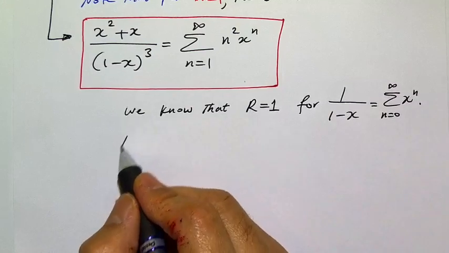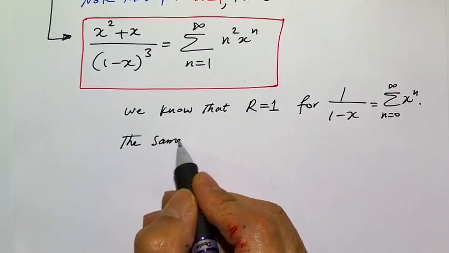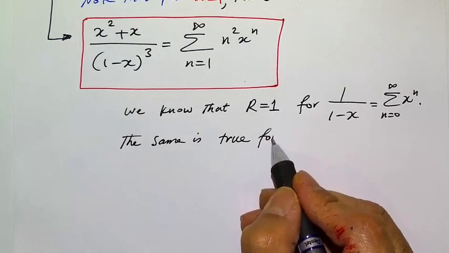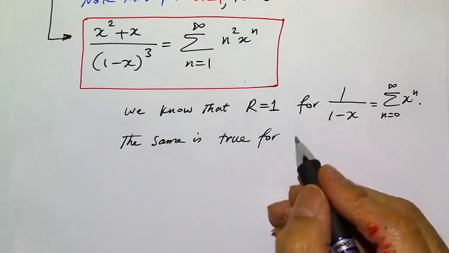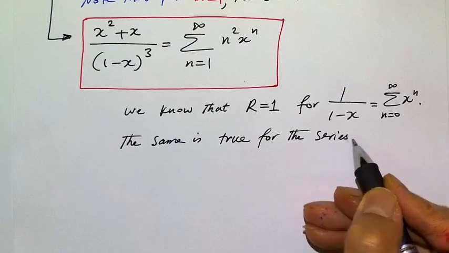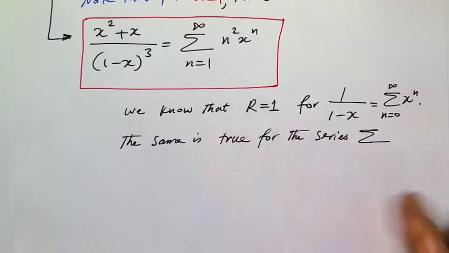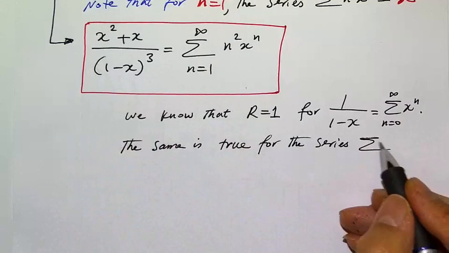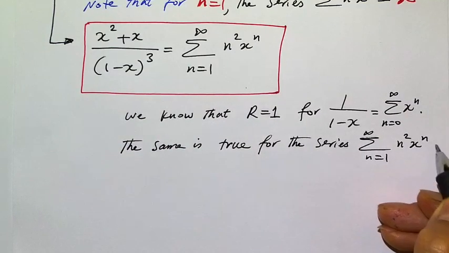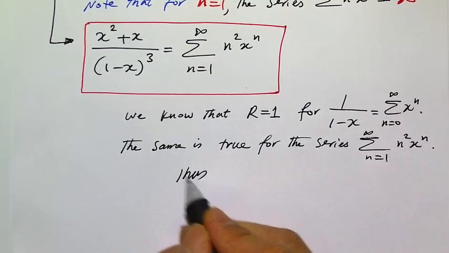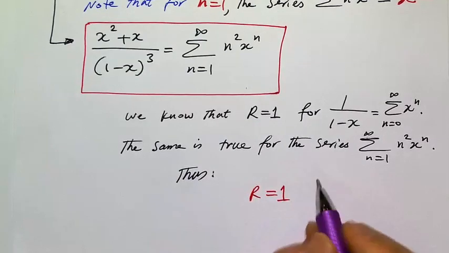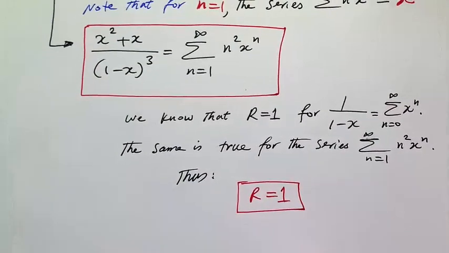And the same is true for the series that we ended up with for our function. Thus, r equals 1. Okay, radius of convergence.